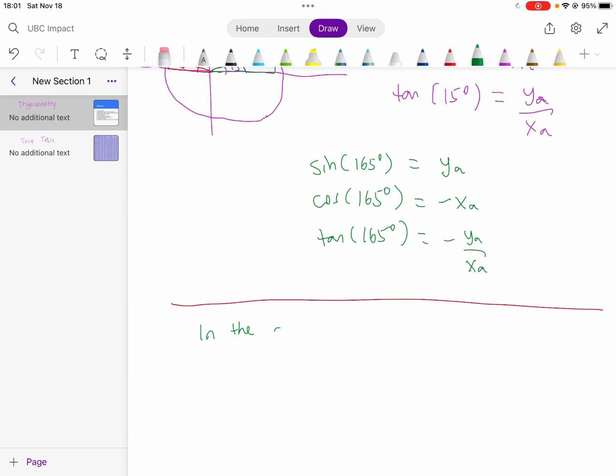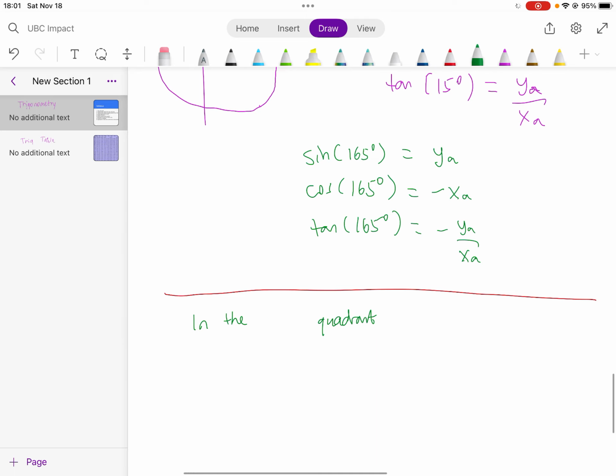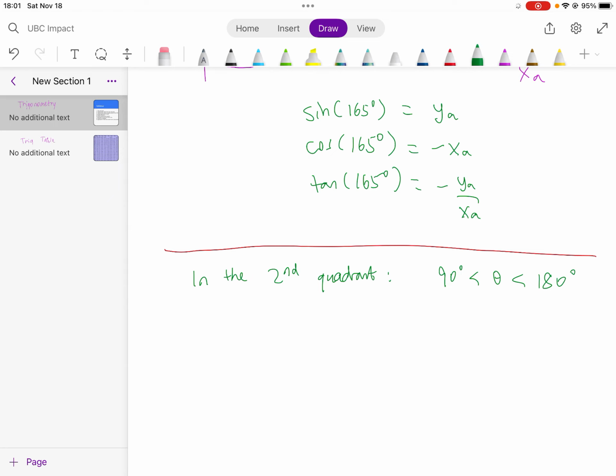In the second quadrant, so theta is between 90 degrees and 180 degrees, the rule says that we let alpha be 180 minus theta degrees.